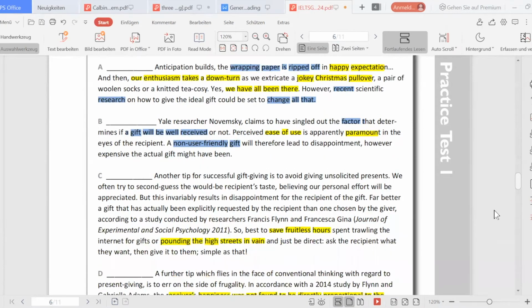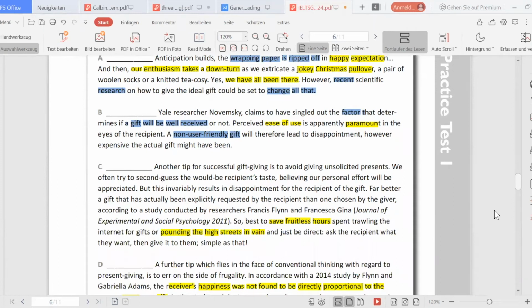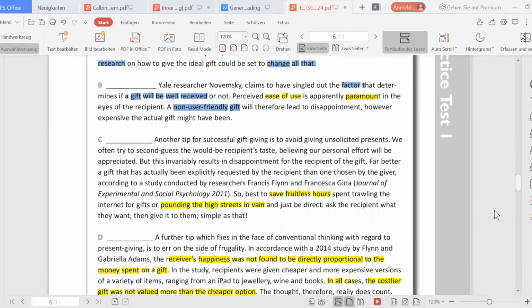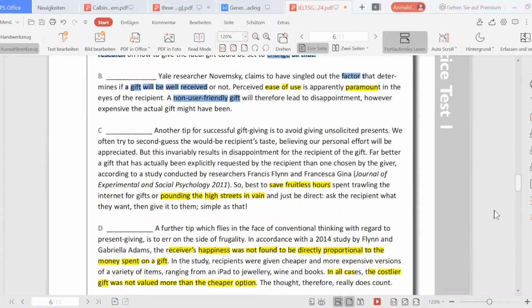In C, rather a long sentence. And again, I did not highlight a lot of keywords because you've got certain strong adjectives. The strong adjective here is the word fruitless.